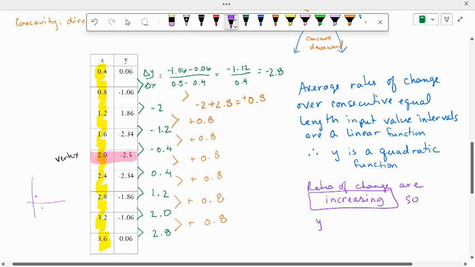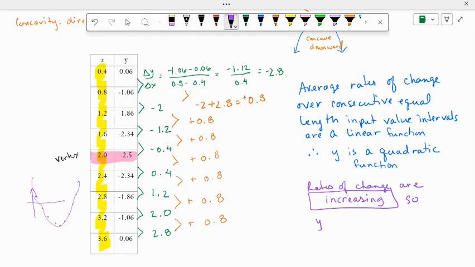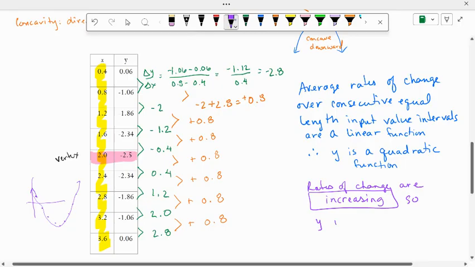And then I see that it's going back this way. So this is not an accurate graph, but what I see is that this graph is concave up. So it seems that if my rates of change are increasing, the graph is concave up.